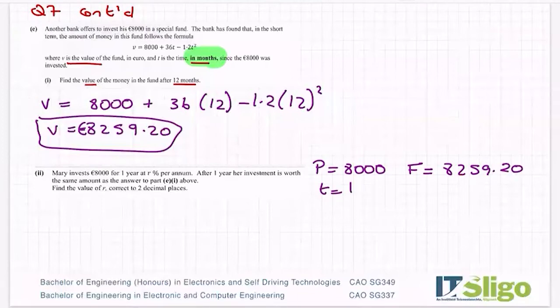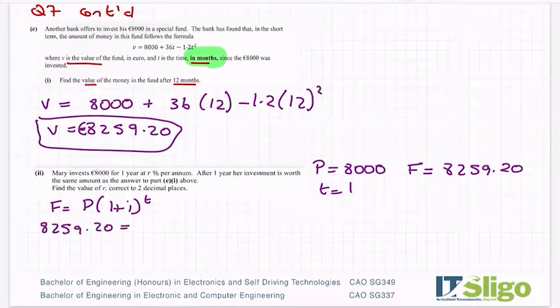So I could of course do F equals P times 1 plus I to the power of T. So 8,259.20 equals 8,000 times 1 plus I to the power of 1.